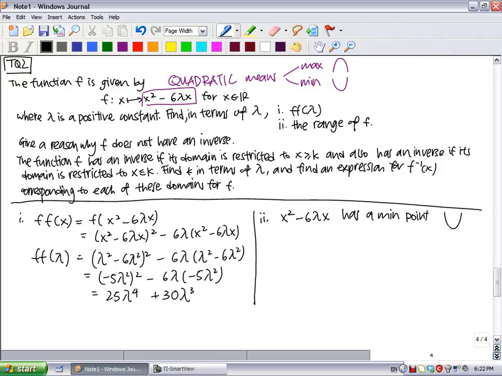How do we find this minimum point? The simplest way is to do completion of square. So if I have this, I would actually be able to complete the square and get this.